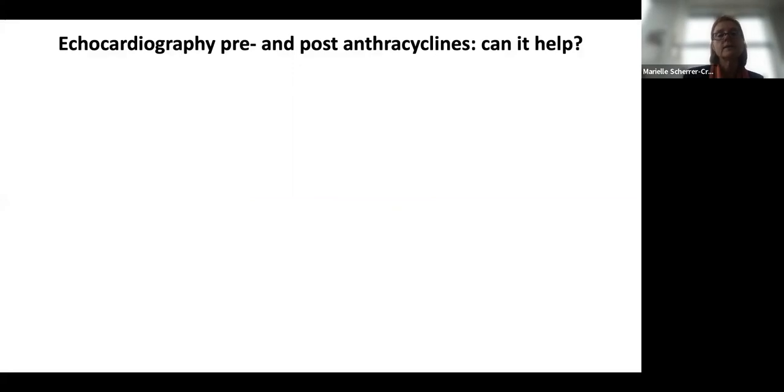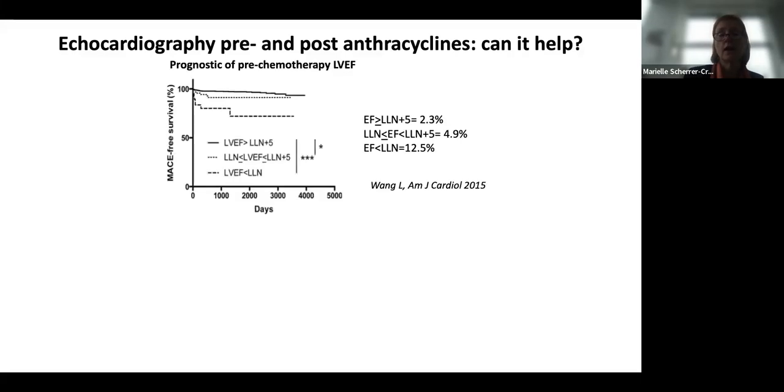So what's the purpose of doing an echo pre and post anthracycline? Most of the research has been done in anthracycline. This is still actually under discussion. This is a paper that we did in 2015, and we looked at more than 2,000 patients who had had anthracycline and who had an echo prior to their anthracycline treatment.